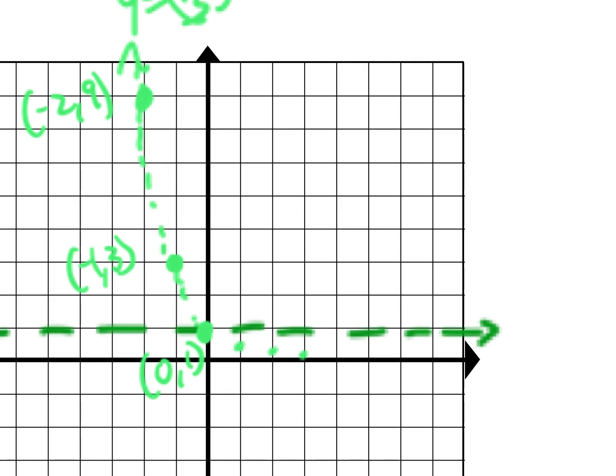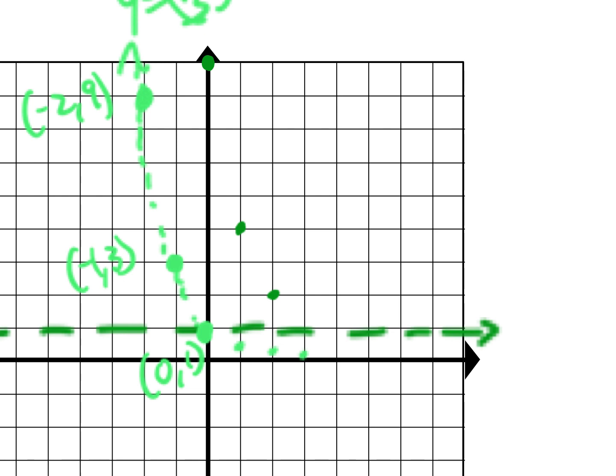Okay, here we go. Let's take each of these points. Right 2, up 1. There it is. Take this point, right 2, up 1. There it is. Take this point, right 2, up 1. There it is.